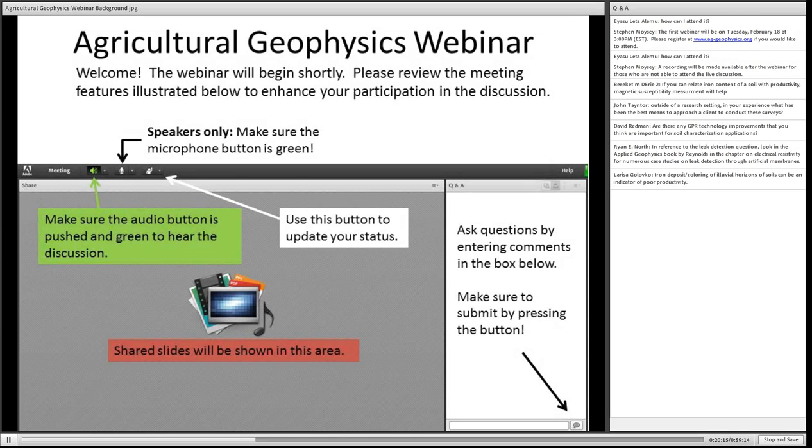I'll read a couple of things from Larissa. Iron deposit coloring of the alluvial horizons of soils can be an indicator of poor productivity. Larissa, do you want to mention anything else about that? Yeah, I started thinking along those lines.